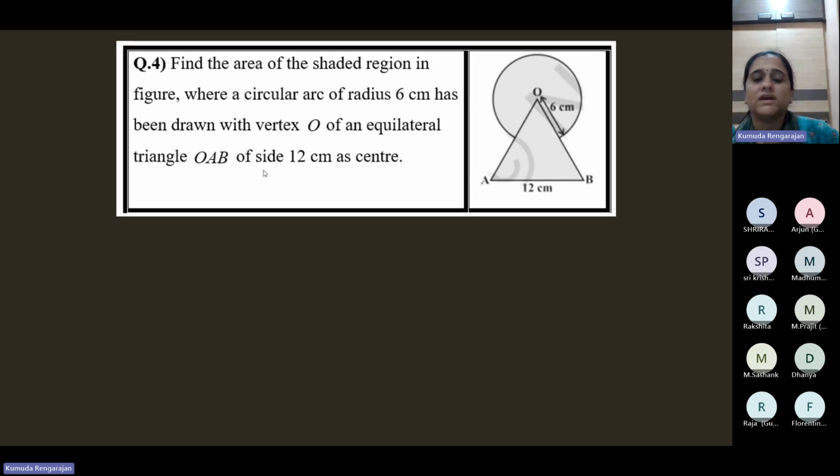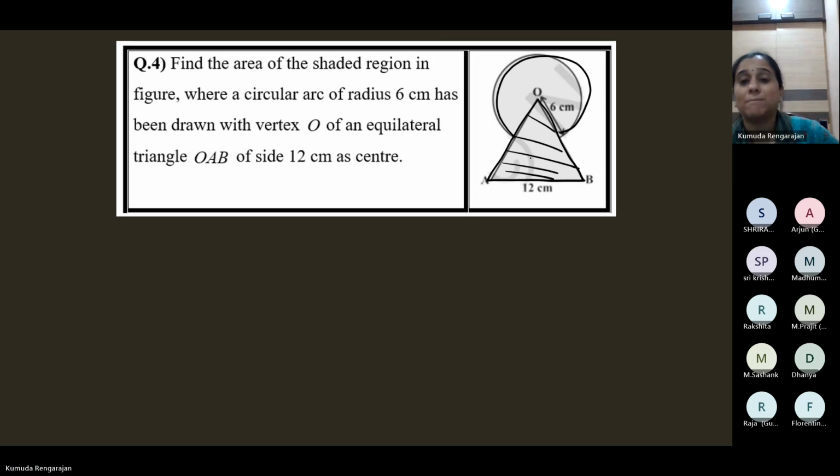So the whole thing is shaded. The area of the shaded region will be the area of the equilateral triangle, root 3 by 4 a square, plus the area of the major sector. See, you can see the two radii and an arc.